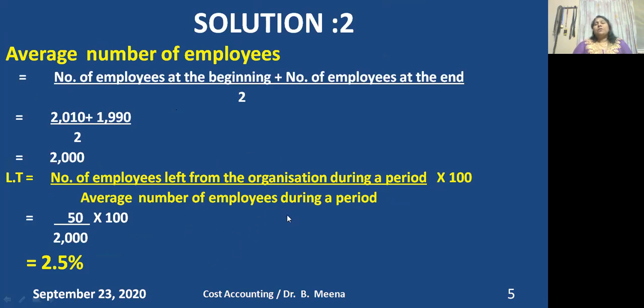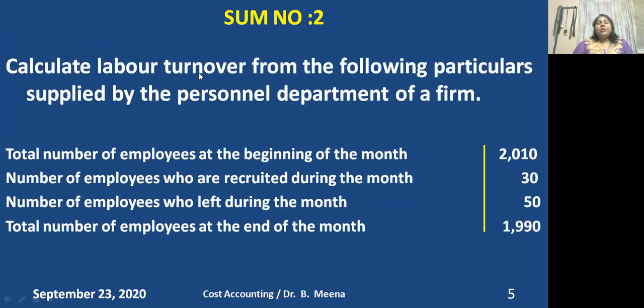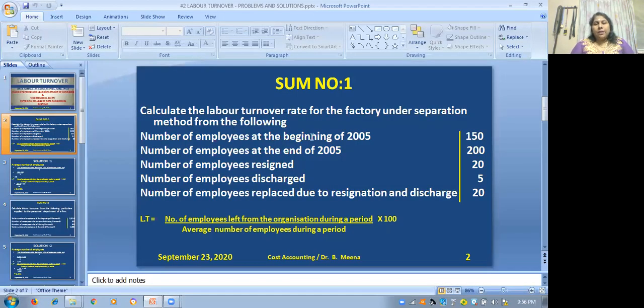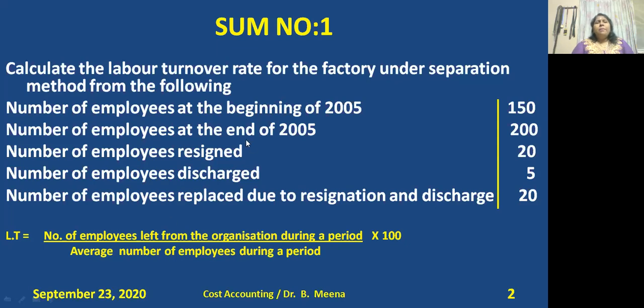So these are three methods usually will be utilized by all the companies to calculate the labor turnover. So when the problem is asking you to calculate the labor turnover, by default, you need to calculate the labor turnover under separation, replacement, as well as flux method. But in the first problem, they ask you only under separation method. The labor turnover rate for the factory and the separation method only they ask you.